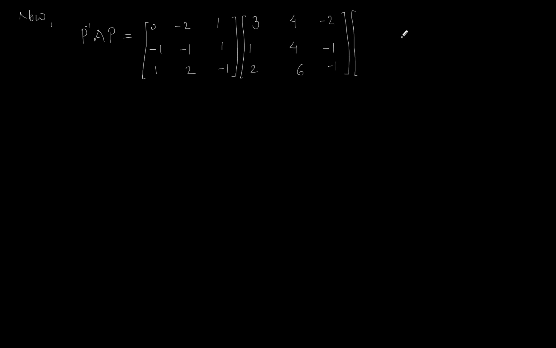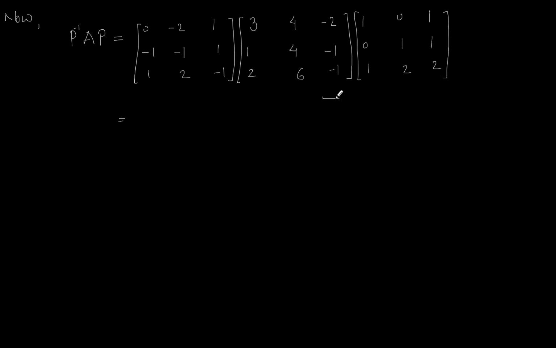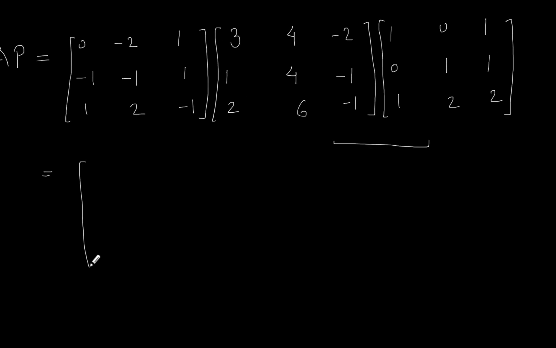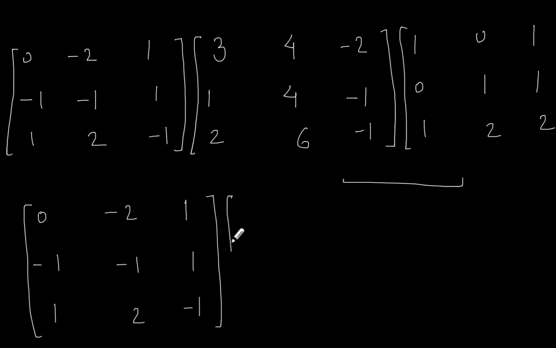Now we will find the matrix multiplication P inverse AP. The matrix A is this, and the matrix P is again this. We know how to do multiplication of two square matrices. First we will multiply these two matrices, and we will get 1, 4, 6.